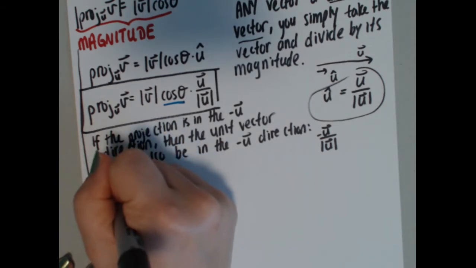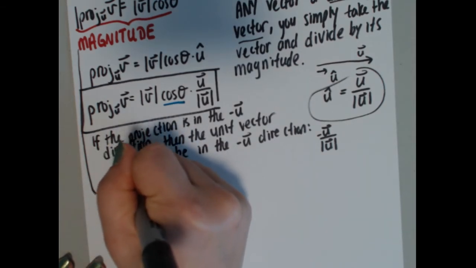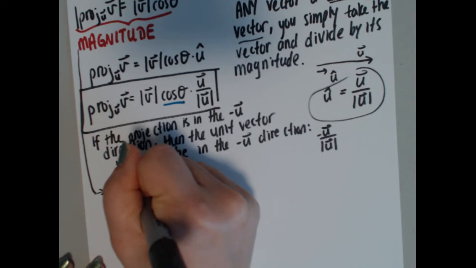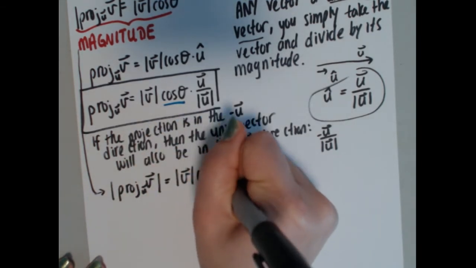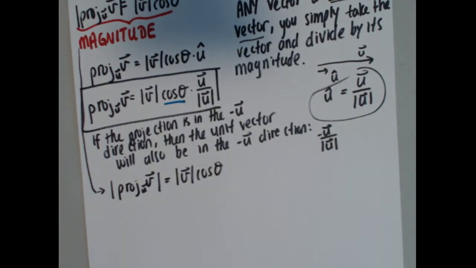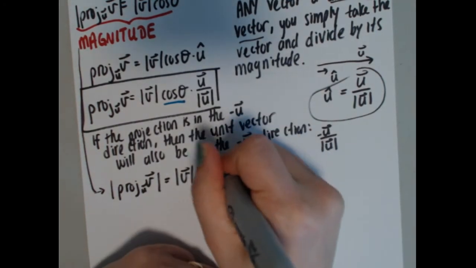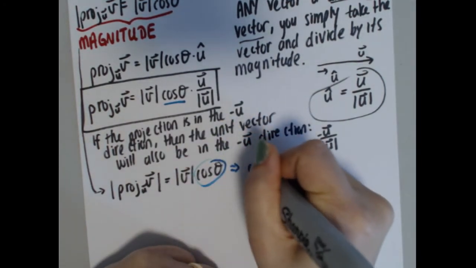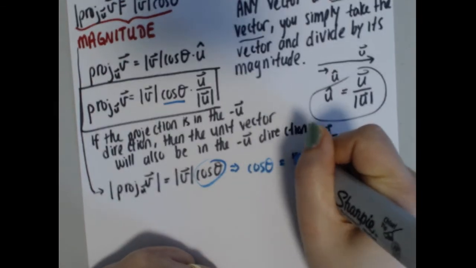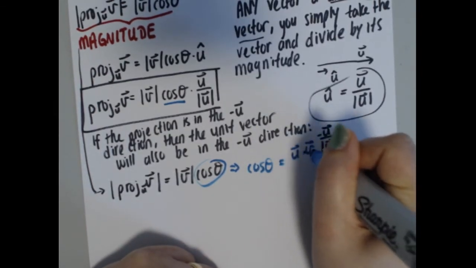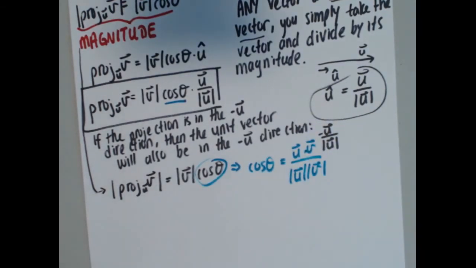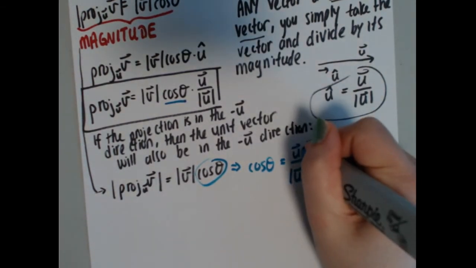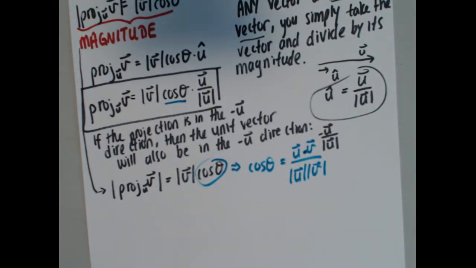The magnitude of projection of v onto u is equal to magnitude of v times cosine of theta. But like I said earlier, we saw that cosine of theta is equal to u dot v over magnitude of u times magnitude of v. That's just dot product rearranged. So I'm going to substitute that in.